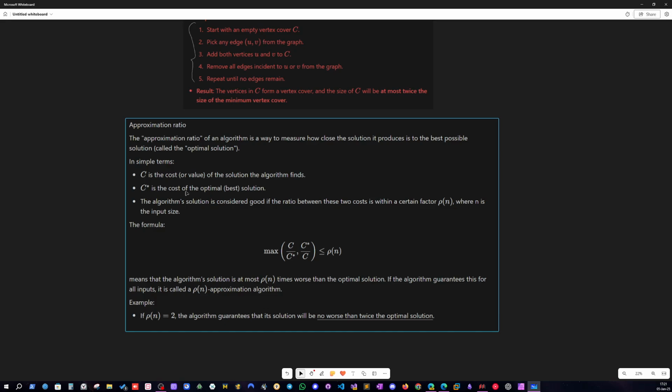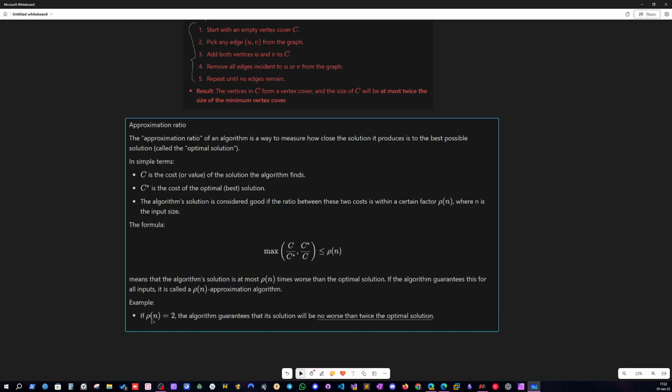C star is the cost of the optimal best solution. The algorithm solution is considered good if the ratio between these two costs is within a certain factor, rho of n, where n is the input size. This is the formula, and this means that the algorithm solution is at most rho of n times worse than the optimal solution. If the algorithm guarantees this for all inputs, it's called a rho of n approximation algorithm.